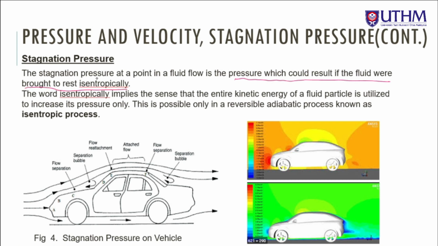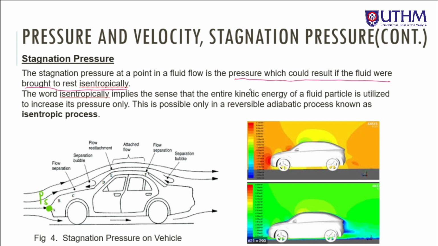For example, in this picture, I'll use another colour. This is flow over a vehicle. A stagnation point appears at this point, point A, where the flow has direct impact on the car. So this is actually the stagnation pressure.